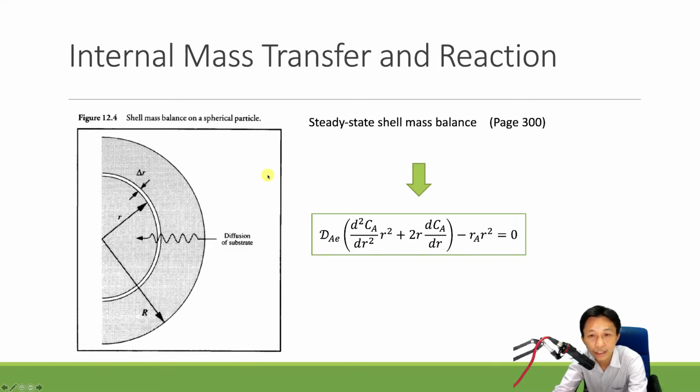And sometimes we have a shell balance. It's written in the book. So we have a second-order differential equation in terms of R, where this one is concentration and this one is the reaction rate. RA is the reaction rate, for example.